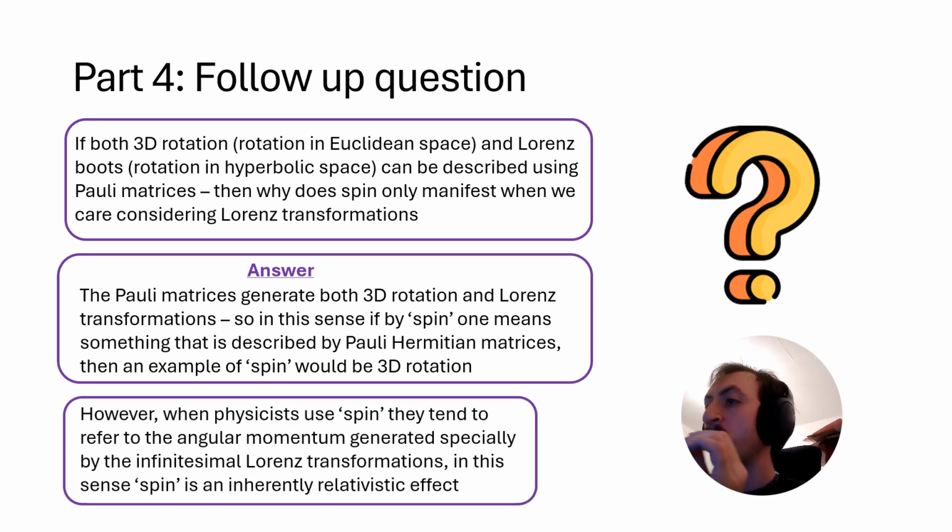We worry about the coefficients to those basis matrices. Just like when you're describing a vector, it doesn't just matter the basis vectors, it matters the components. And the components are different for your Lorentz boost generators being expressed in terms of Pauli matrices, and for your Euclidean generators being expressed in terms of Pauli matrices. The coefficients we put in front of the Pauli matrices are different. So in that way, these two things are distinct.